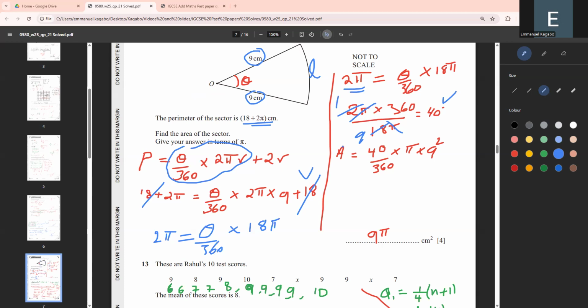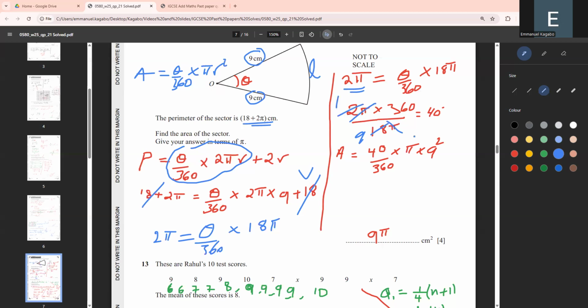Area of a sector. For those who don't remember, area of a sector is given by angle over 360 times pi r squared.